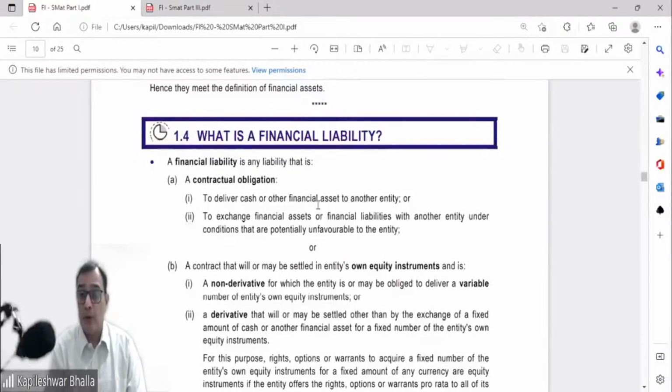Now, what I am going to do with you, I am going to convert this definition into a 3-step model. When I dig into this definition, I'll give you my 3-step model, which is the exposure draft 1. You heard me correct. I'm going to give you the definition in a 3-step model, which will be an exposure draft 1.